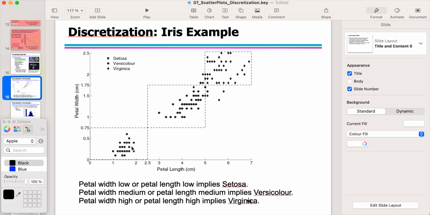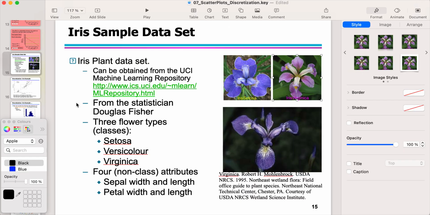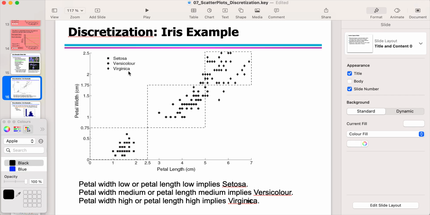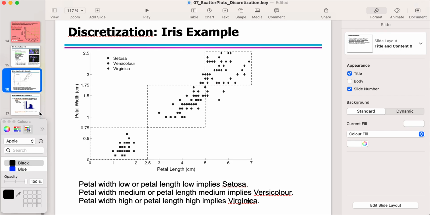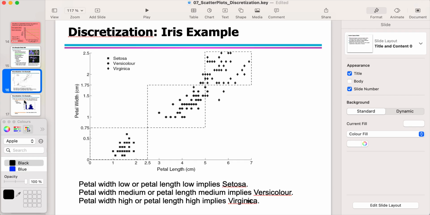It will have smaller width and smaller length altogether. That's that one right here. Yeah, that's the setosa. Okay, so if we are to plot these in space, this is what they look like.